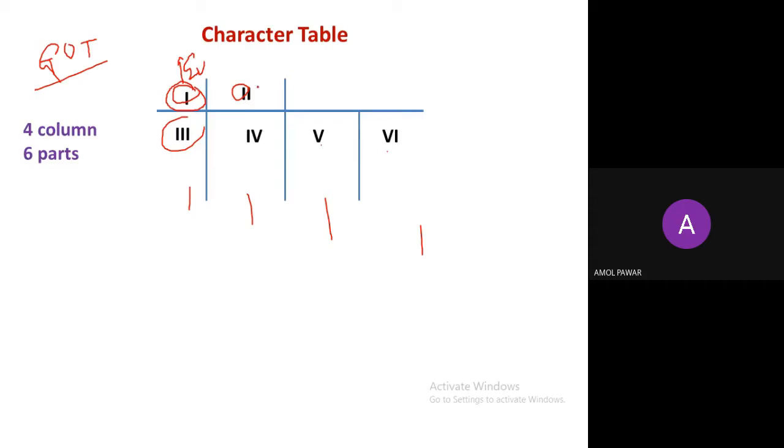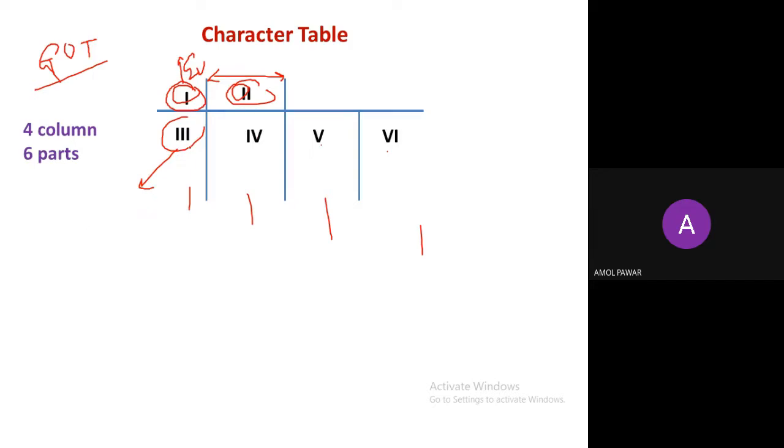Now part 2 is the symmetry elements. What are the symmetry elements for water? Identity, then C2Z, sigma xz, and sigma yz. Now what is part 3? Part 3 is nothing but the Mulliken symbols of irreducible representations.